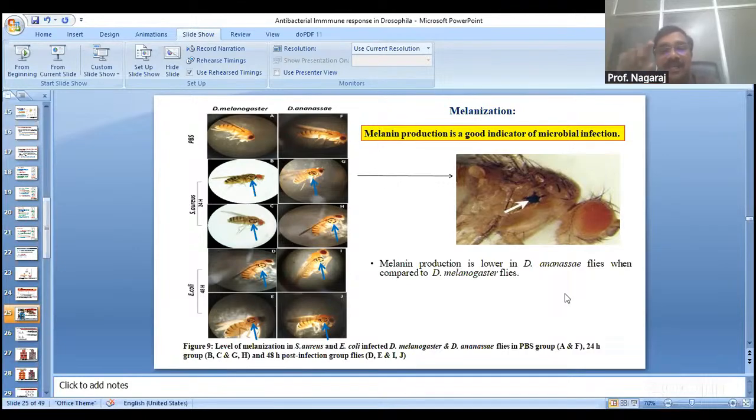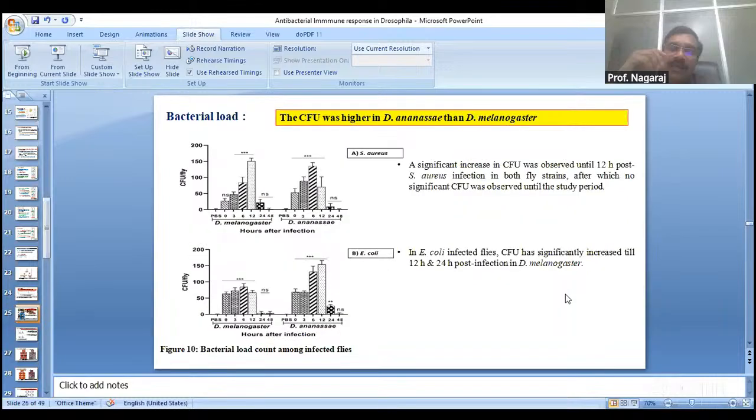So basically, it gives an indication that there is clearly a genetic background which has a differential ability in this immune response to a particular pathogen.